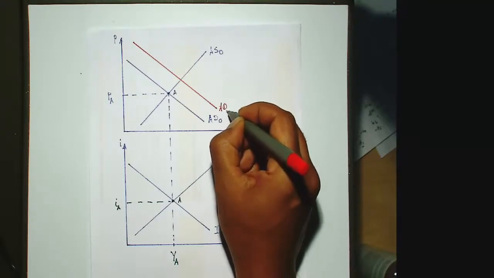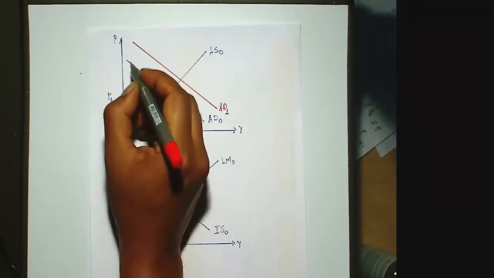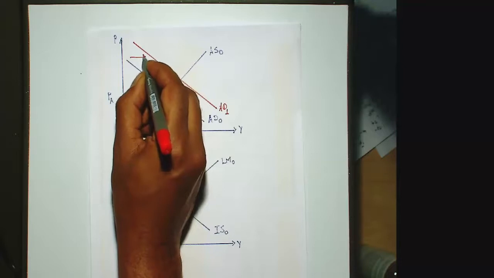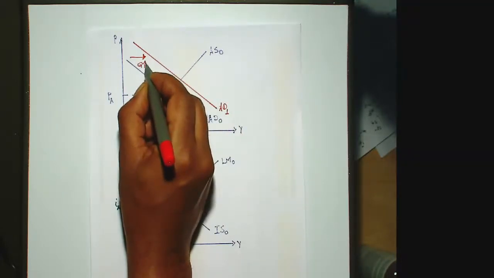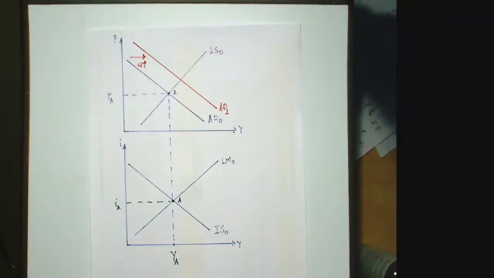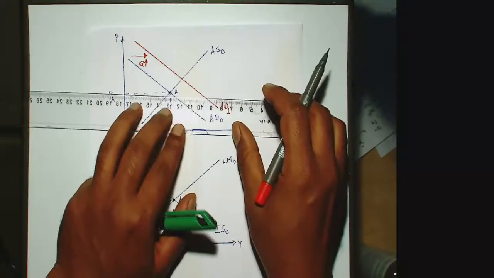So due to our increased government expenditure as expansionary fiscal policy, we have a shift from AD0 to AD1 in our aggregate demand, aggregate supply diagram.